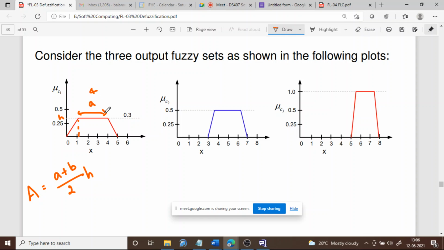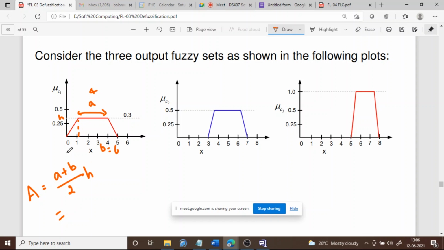In our case A is 4, and B is this bottom width, from here to here. What is the B value? B is 6. So what is the area of this particular trapezoid?